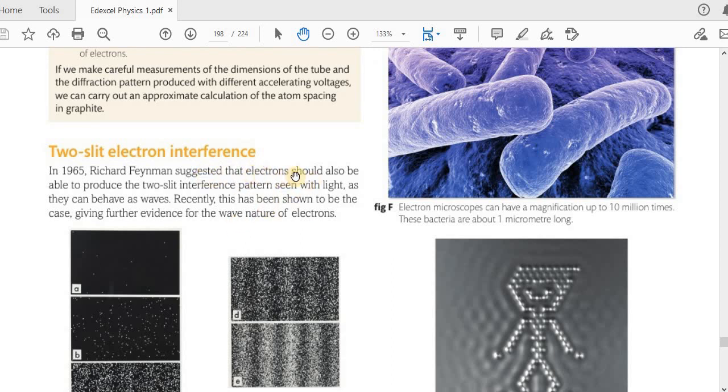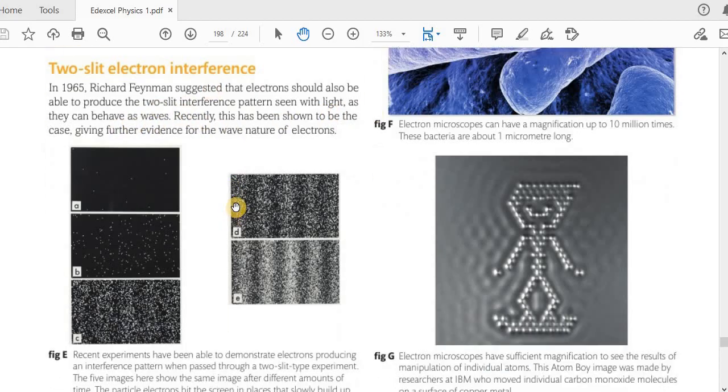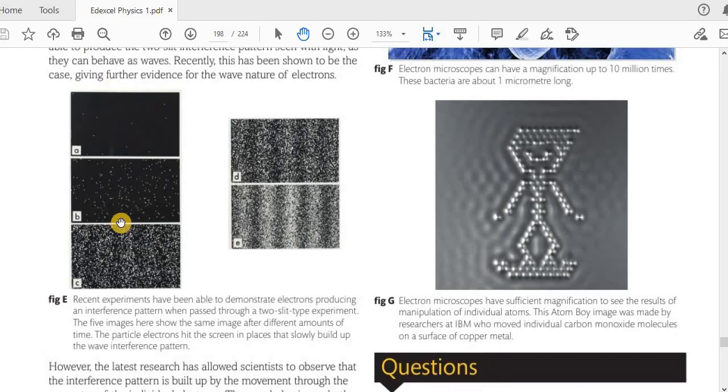So this is what he suggested, that electrons should also be able to produce the 2-slit interference pattern seen with light. That is what we saw under the waves chapter, as they can behave as waves. And recently this has been shown to be the case, giving further evidence for the wave nature of electrons. So let's have a look here.